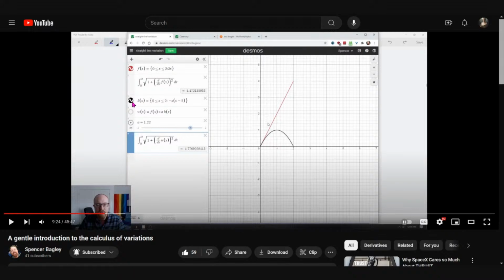Okay. And then he created h of x, the black function. It's defined for x between 0 and 2, same as before. But this time the function is negative x times (x minus 2), which ends up being negative x squared plus 2x.